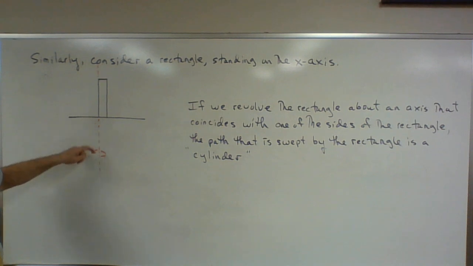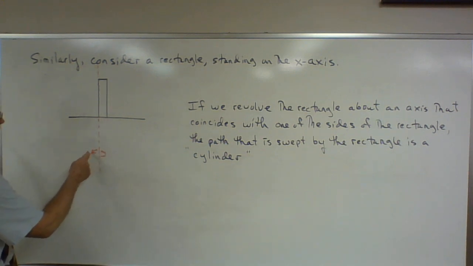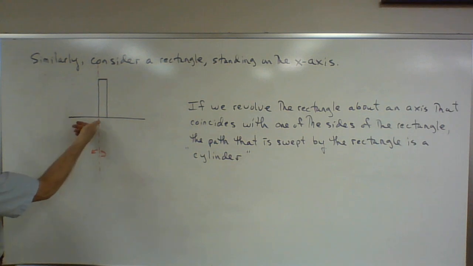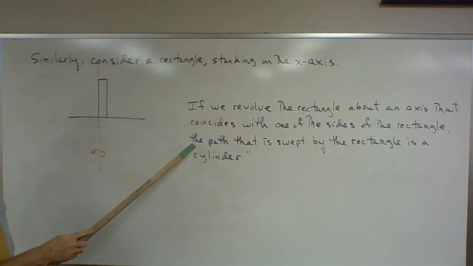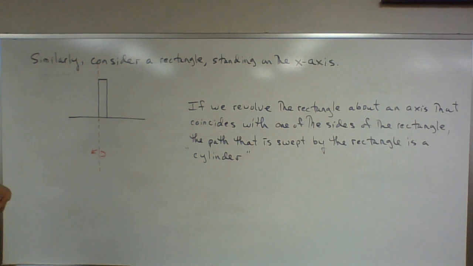Here's a vertical axis that coincides with the left side of the rectangle. And suppose we revolve the rectangle about this axis. Then the path that is swept by the rectangle is a cylinder.